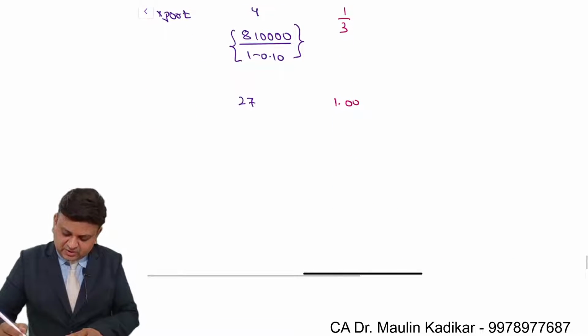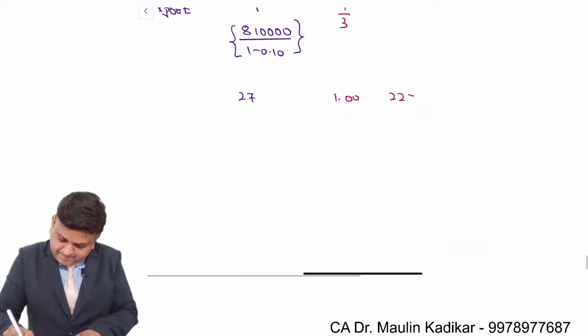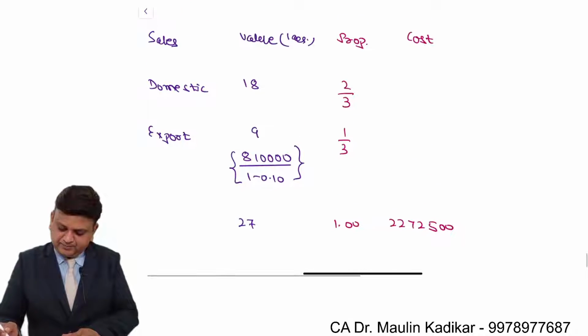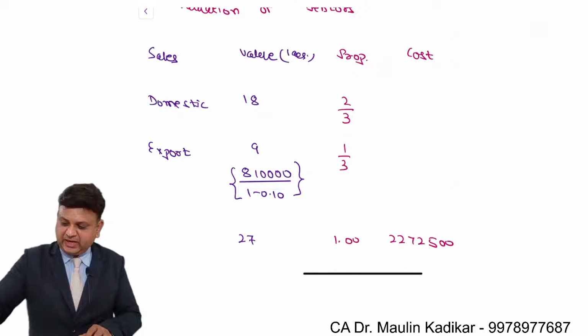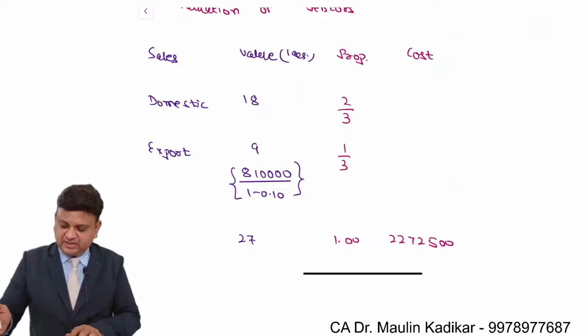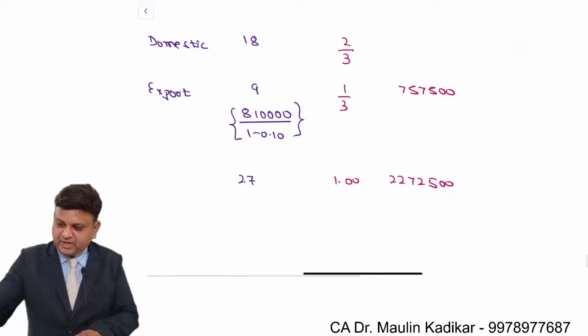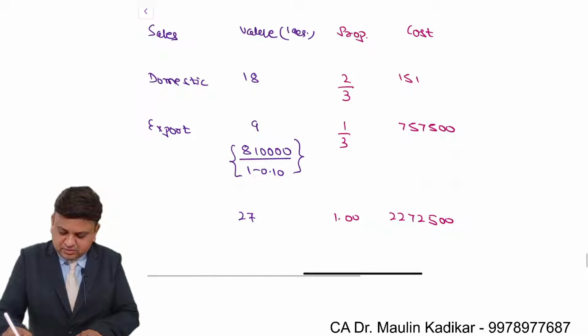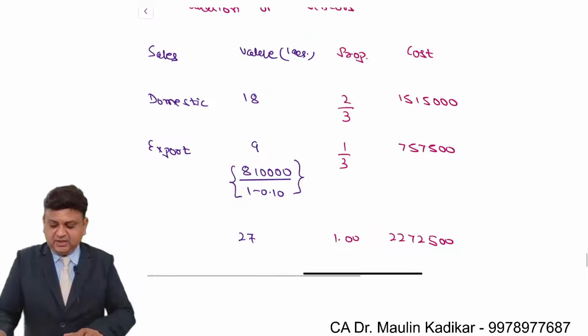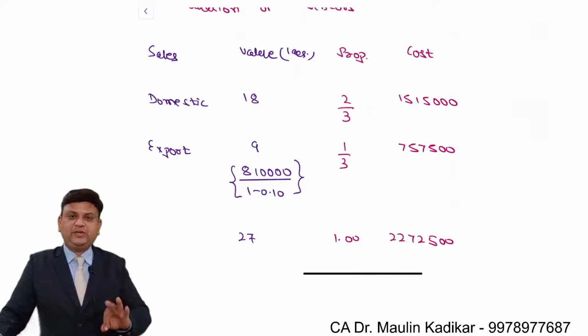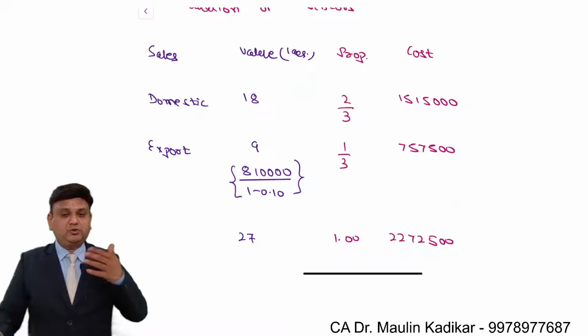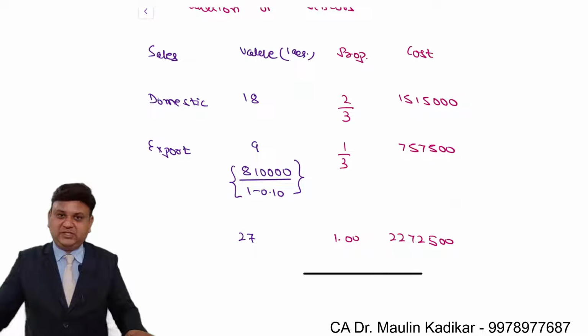So please use your calculator: 22 lakh 72,500 divided by 3 comes to 7 lakh 57,500, into 2 is 15 lakh 15,000. It means that we have incurred a cost of 15 lakh 15,000 for selling goods to domestic customers, and a cost of 7 lakh 57,500 for export sales.